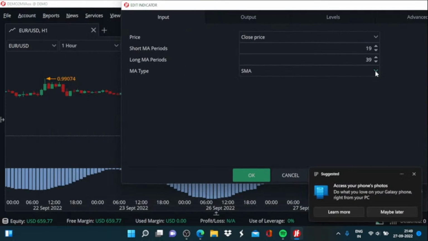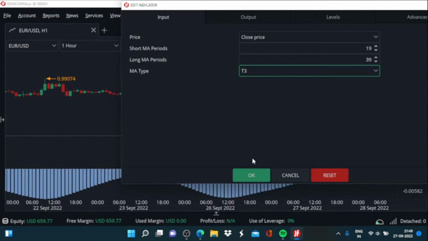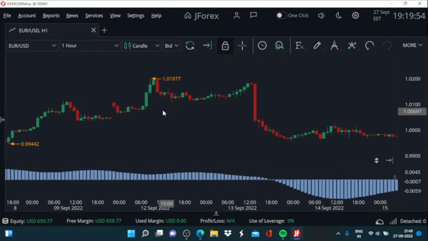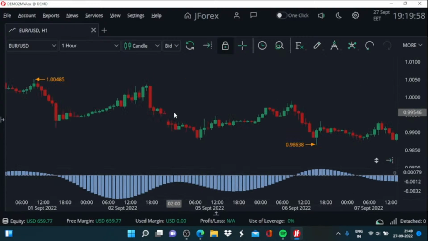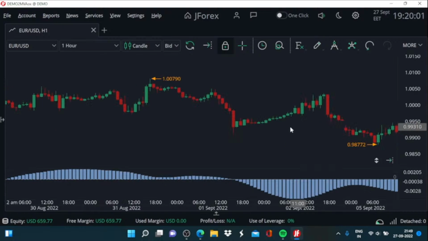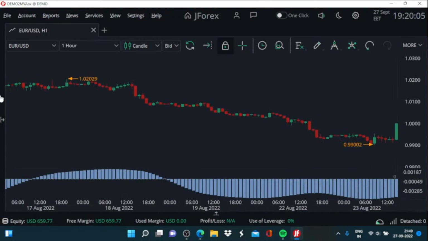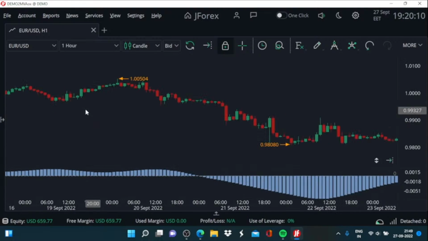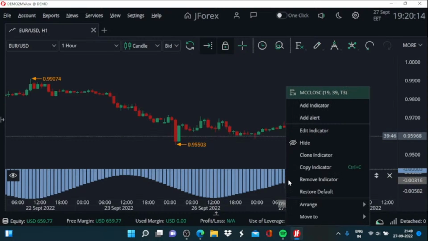Now, if we go for the triple exponential moving average, here you can notice that we have a lot smoother plotting for this oscillator, and that is pretty much expected, as TMA is a lot smoother version of moving average.